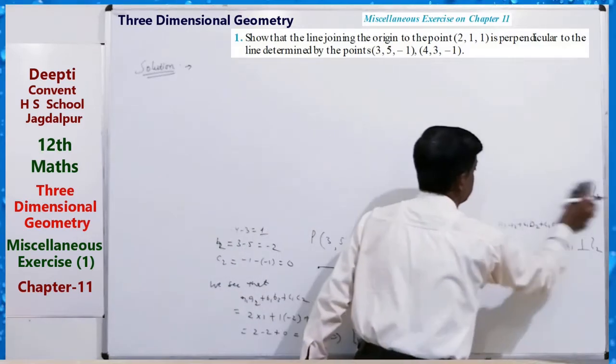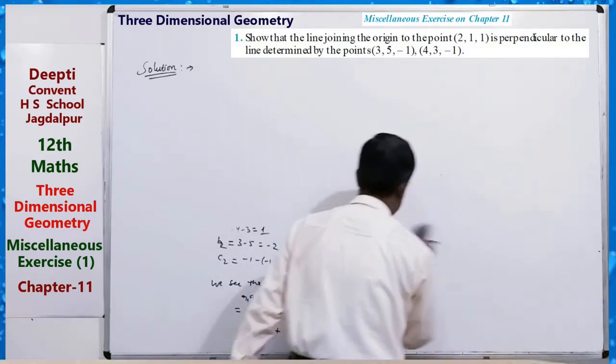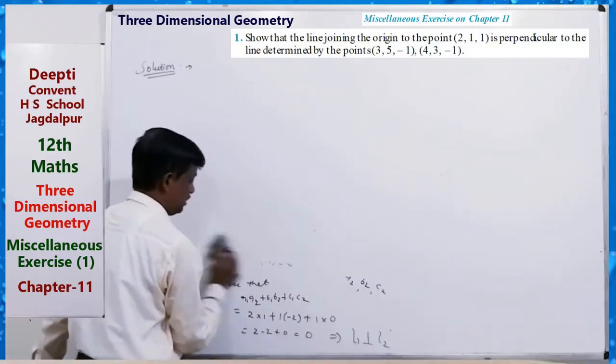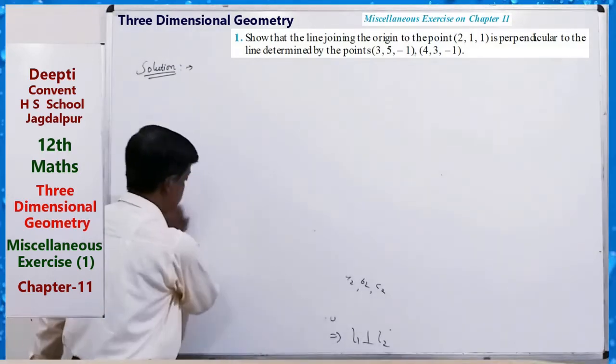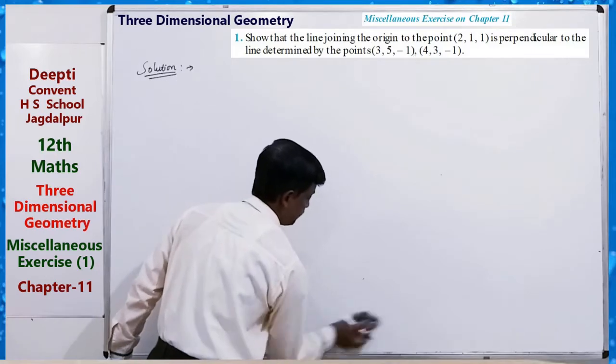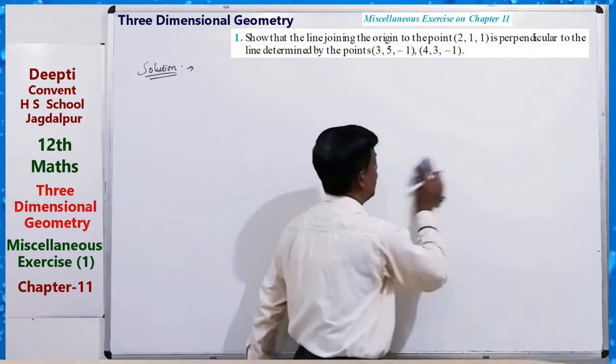So for the direction cosines here, remember that there is a property, that is, just use this identity.